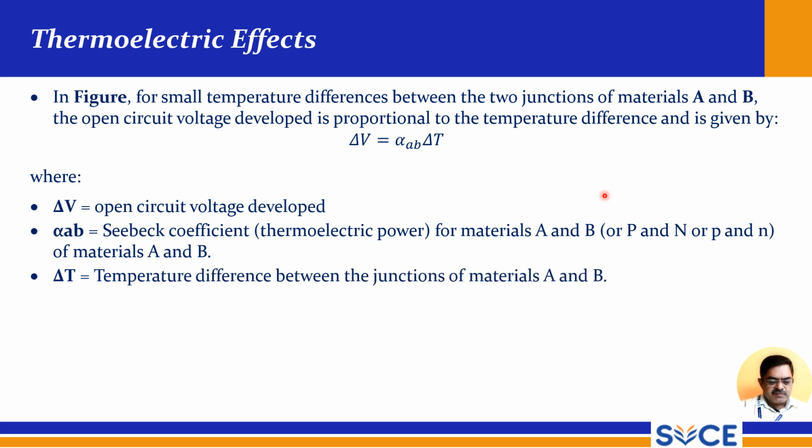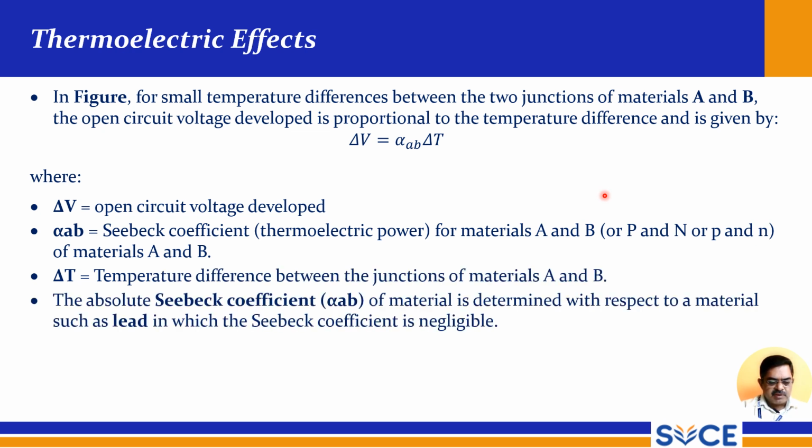Delta T is the temperature difference between the junctions of materials A and B.